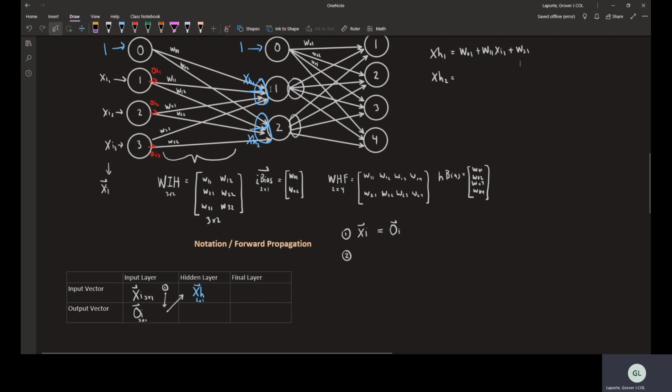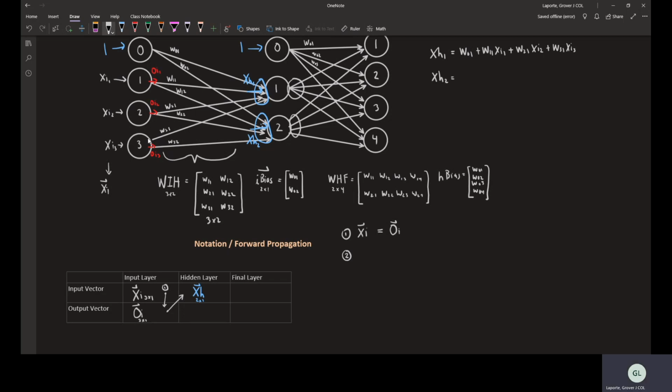So I'm coming into this node, I trace it back, it's W21 times XI2, plus, again, come back to the node, scoot it over, W31 times XI3. So W31 XI3. And it's not a subscript. I keep trying to make it a subscript, but it's just XI. It's the component of the XI vector, which is the input vector.